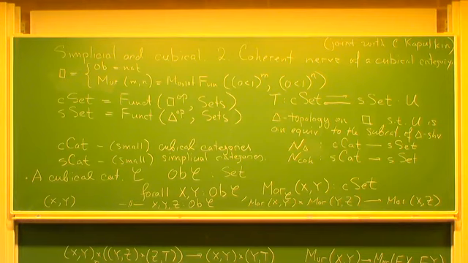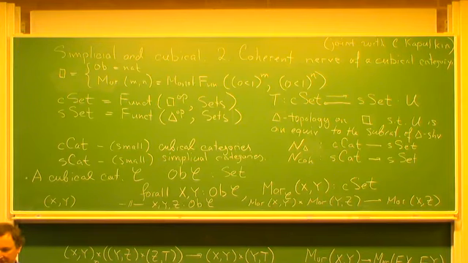And this leads to a whole bunch of difficulties later on. For example, it's not possible to immediately define what a nerve of a category is in univalent foundations.